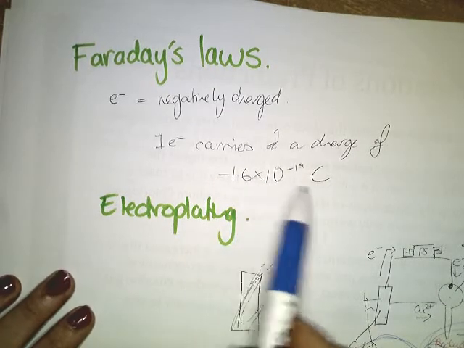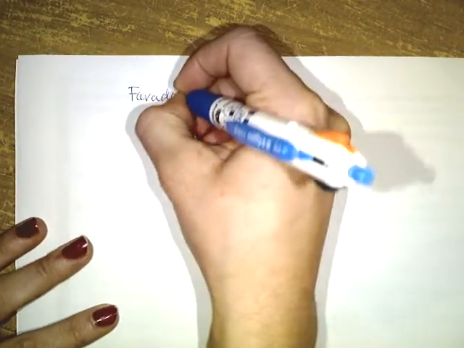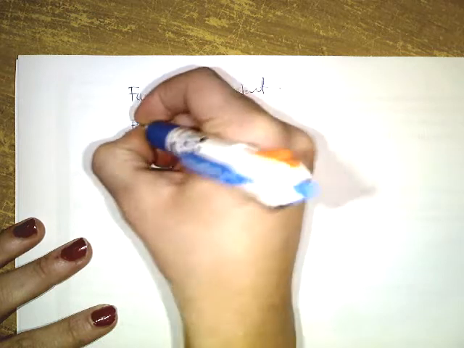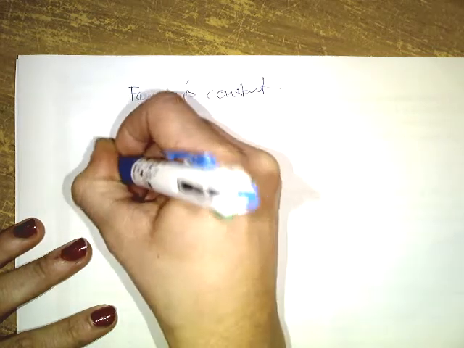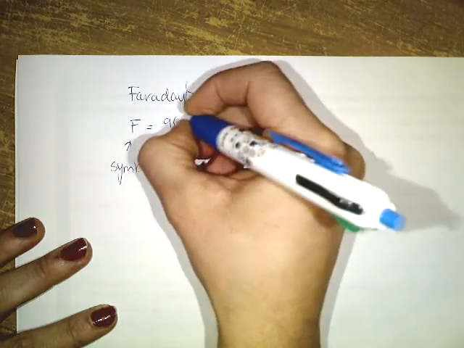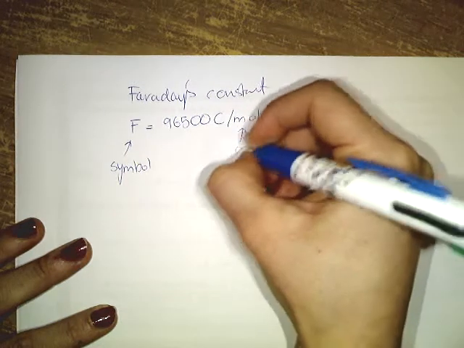So that's the charge on one electron. Now, the charge on a mole of electrons is called Faraday's constant, and it's accepted as 96500 coulombs per mole of electrons.